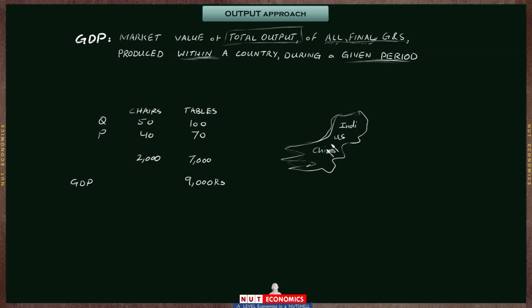The citizenship, the nationality doesn't matter when you are calculating GDP. All that matters is whether that product, that service has been produced inside the country of Pakistan, whether it's within the borders of that country. And if it is, it will be part of the country's GDP.